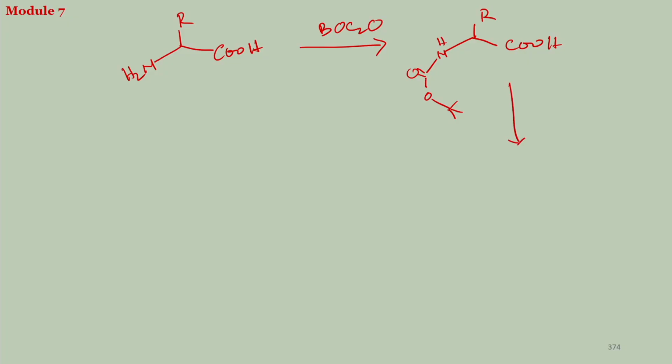Now, how can you deprotect it? Usually we use a very mild condition for the deprotection of Boc. You can use TFA. TFA is trifluoroacetic acid. The structure is CH3COOH, CF3. CH3 is acetic acid, CF3 is trifluoroacetic acid. If you treat this at room temperature, then your Boc will be cleaved.